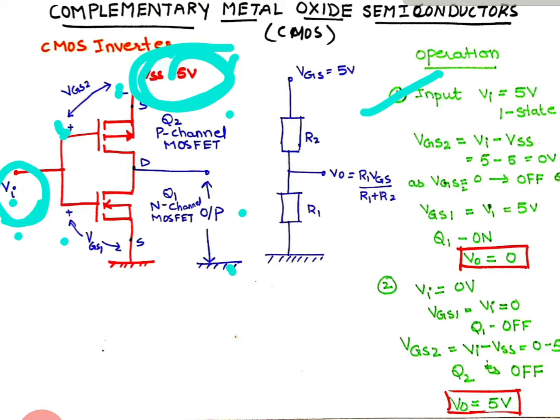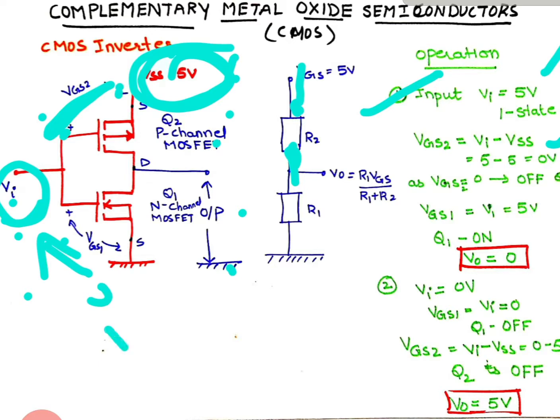So VI minus VSS gives you VGS. The input we have taken is 5 volts, so 5 volts minus 5 volts gives 0 volts. Since this drop is 0, transistor Q2 is off. The off state of a transistor is taken as an open switch, very high resistance.